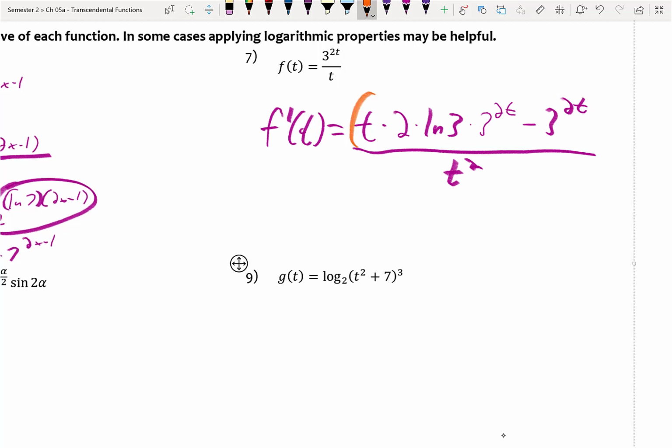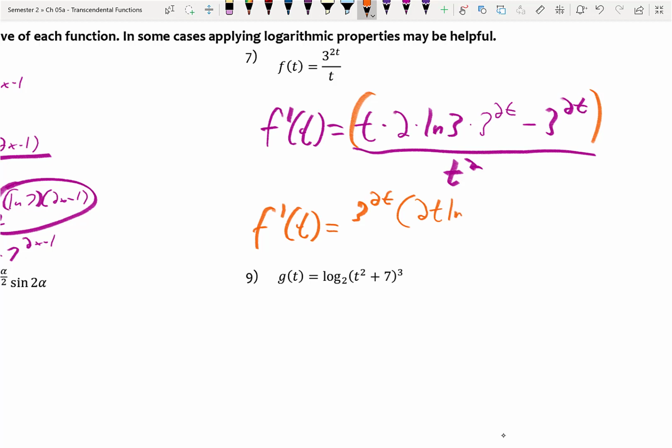And what I'm going to ask you to do is to factor out that numerator. Take the 3 to the 2t out. So we get f prime of t equals 3 to the 2t times, we can write this as 2t ln of 3 minus 1, over t squared.